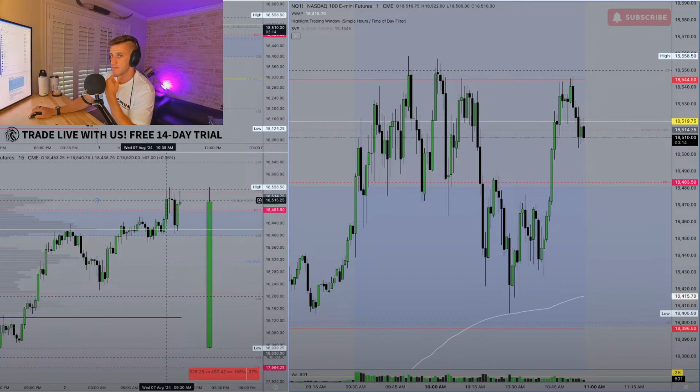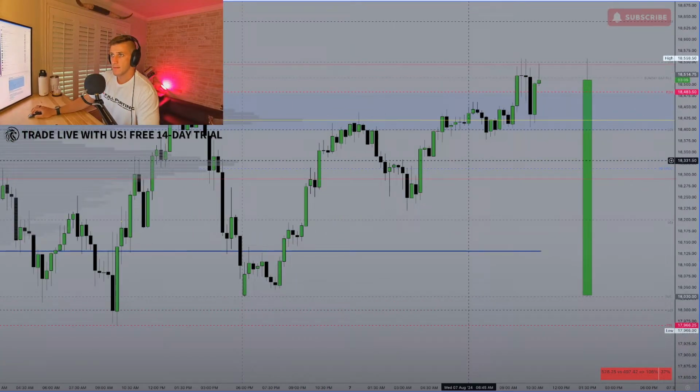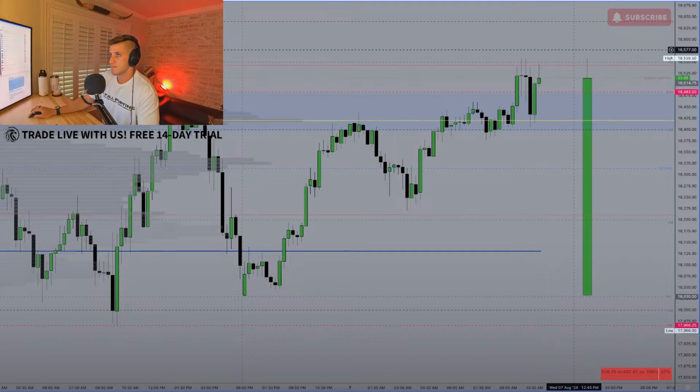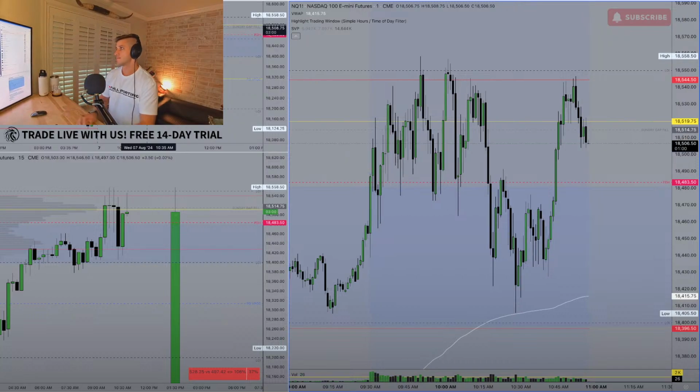Check that 15-minute bar. NQ into 500, so those 550 sellers prevailing yet again. 550 shorts getting paid.